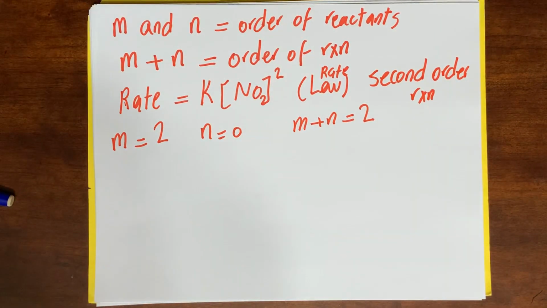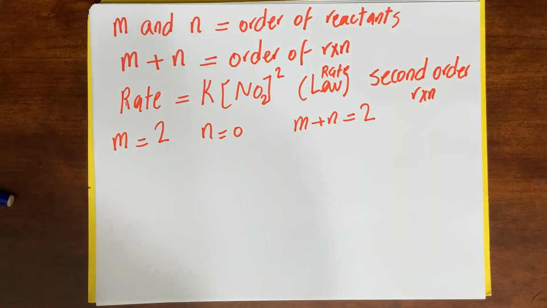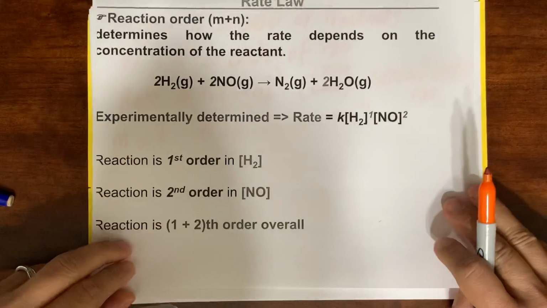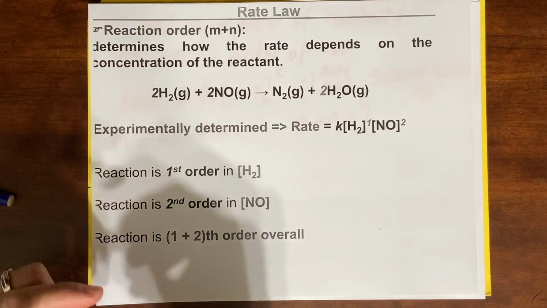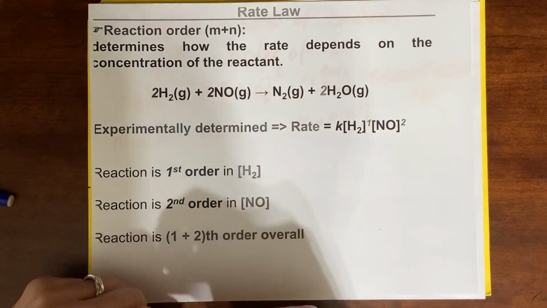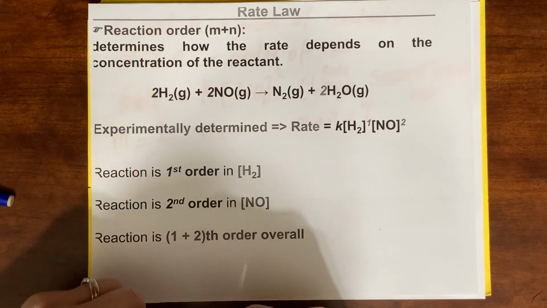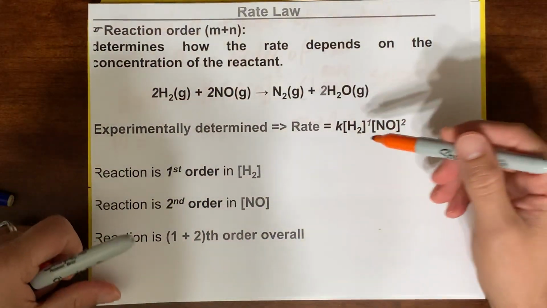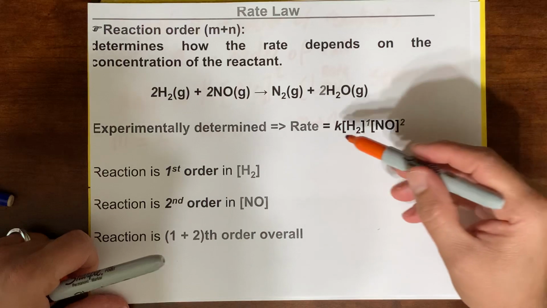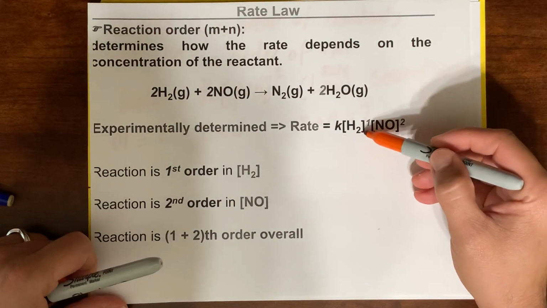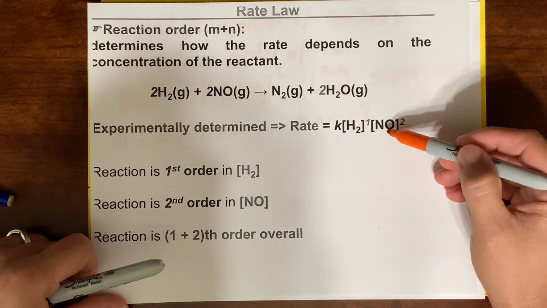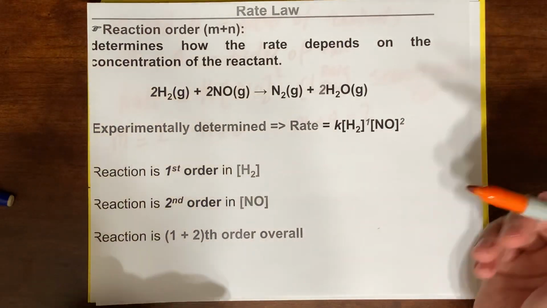Another example. Here we have 2 moles of hydrogen plus 2 moles of NO. We get 1 mole of nitrogen plus 2 moles of H2O. Experimentally they find the rate law says K multiply H2 to the first order and NO to the second.